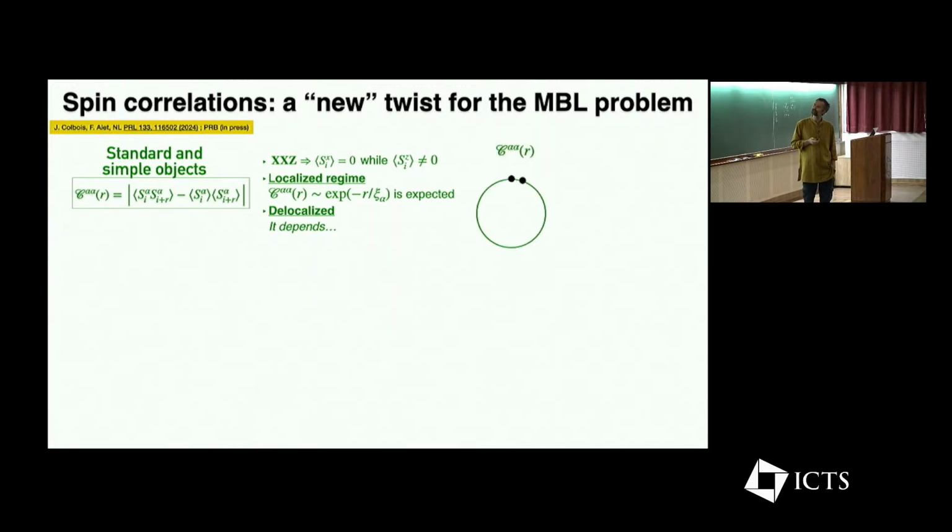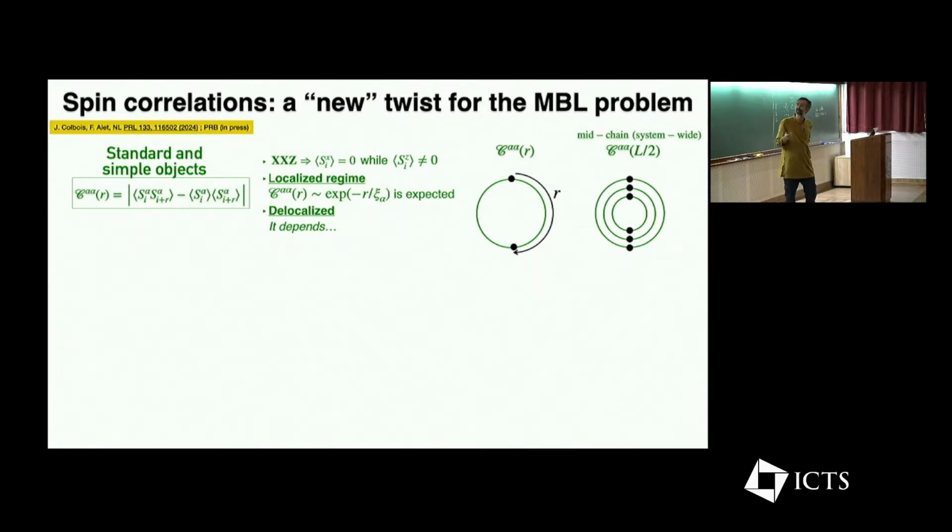There are 2 ways of looking at the correlation. One is the bulk, as a function of the separation between the 2 sites. Another possibility is to look at the maximal distance, which I will call system-wide, a distance L/2 across the chain. Then the nice thing is you can just scale your system size, and you have only one length scale in your problem.